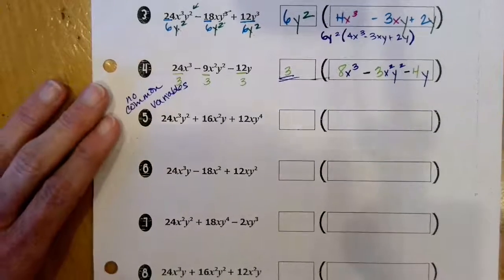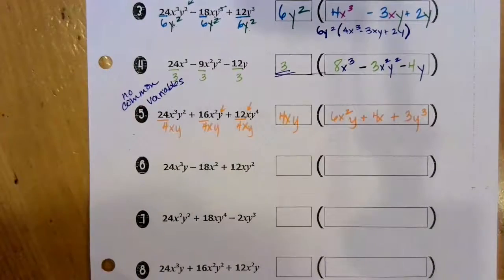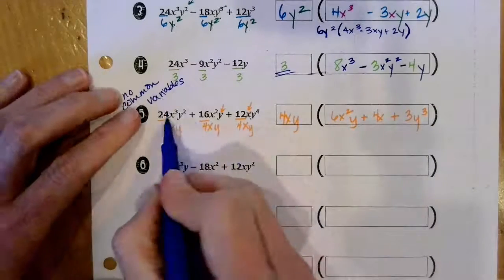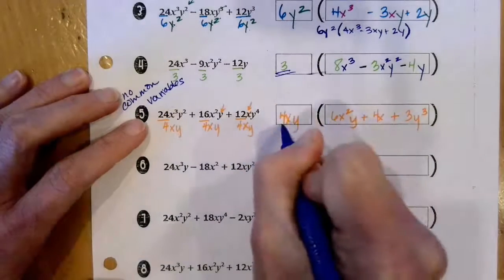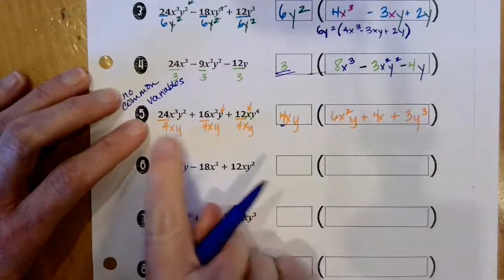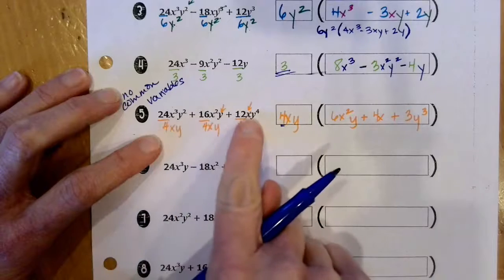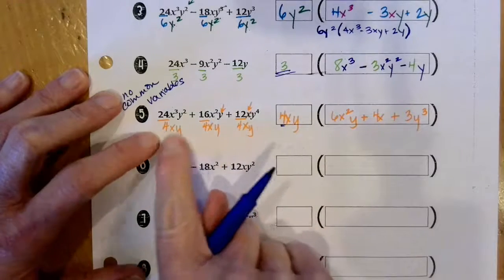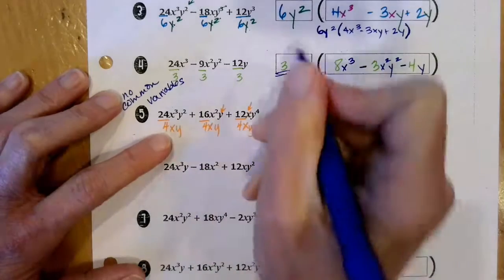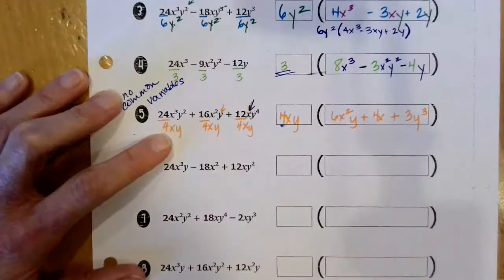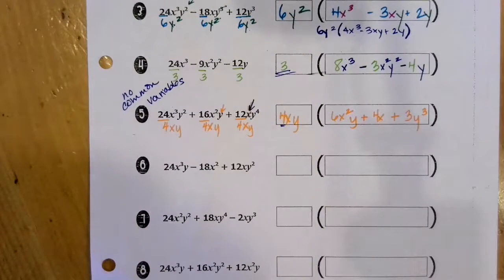Pause the video and see how you do. All right, so let's talk about this one. 24, 16, and 12 all have 4 as a common factor, so I divided that out of each of them. Every single one of these terms has an x, so I divided out 1x because this is my greatest common factor.